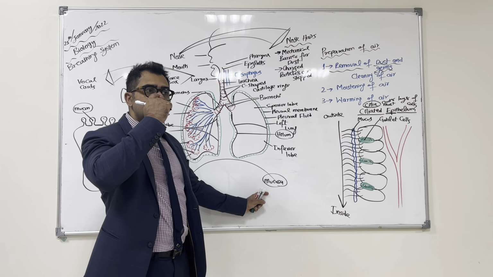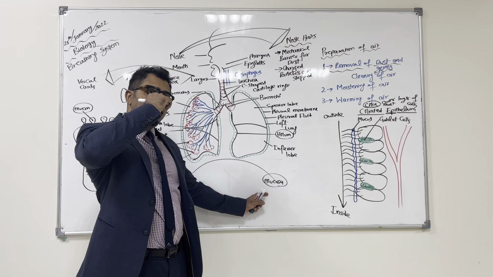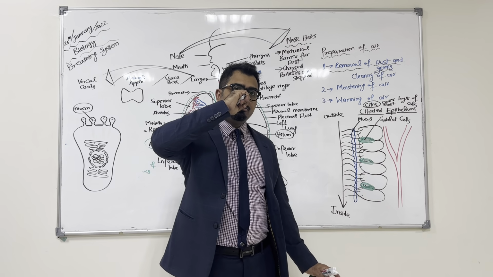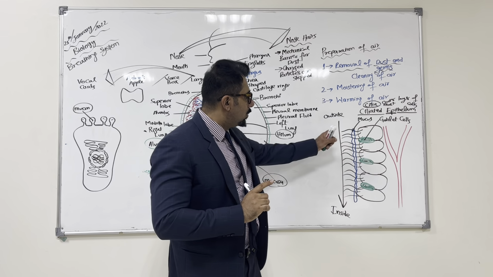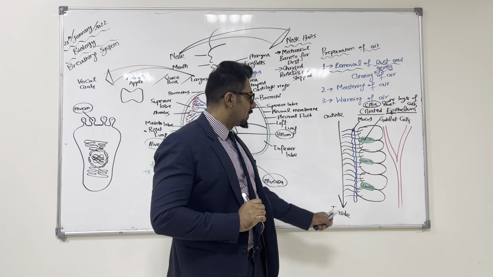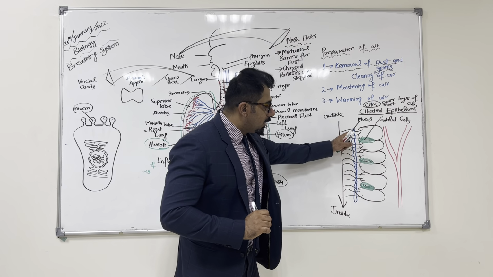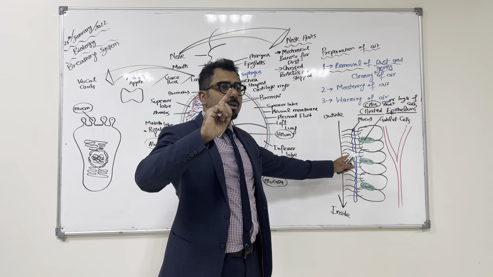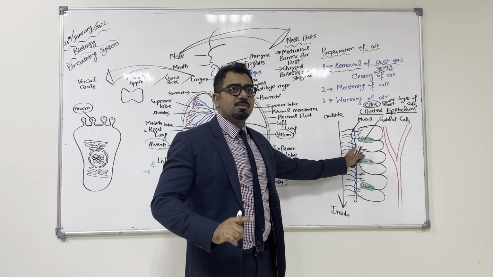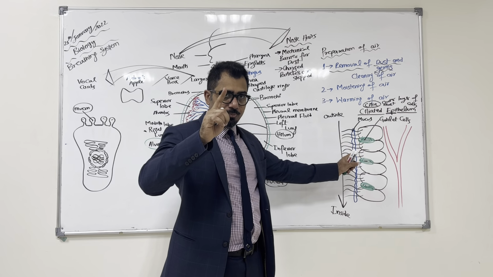So there is no mucus in the nostrils, but up over here, where the bony part starts, the mucosa is present, and the goblet cells are present. So over here mucus is there, and I just told you mucus is sticky. So what will happen? Dust and germs will start sticking to the mucus.